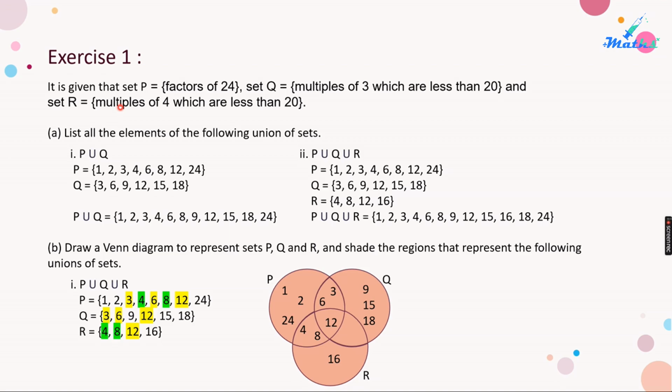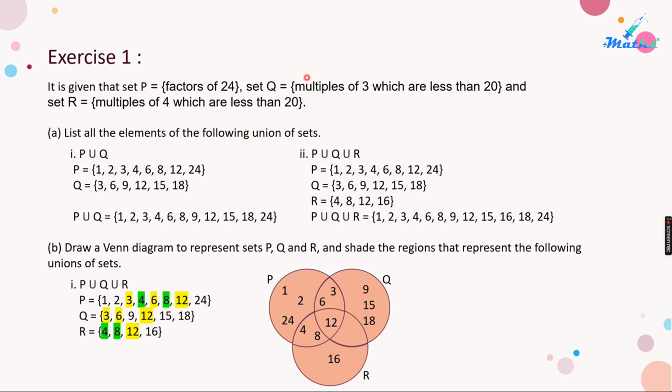Exercise 1. It is given that set P equals factors of 24, set Q is multiples of 3 which are less than 20, and set R is multiples of 4 which are less than 20. A. List all the elements of the following unions of sets. First, P U Q. P is the factors of 24, so we get 1, 2, 3, 4, 6, 8, 12, and 24.